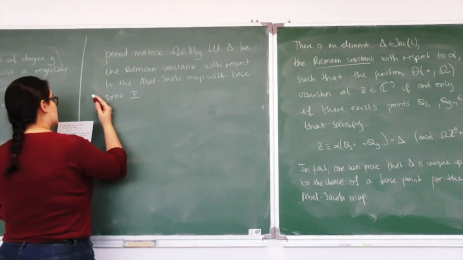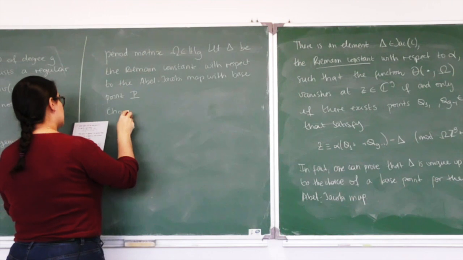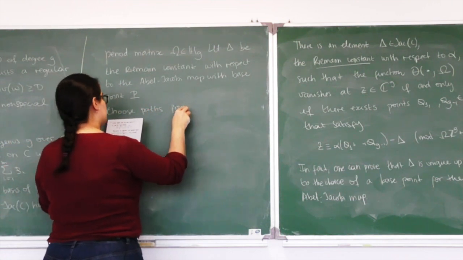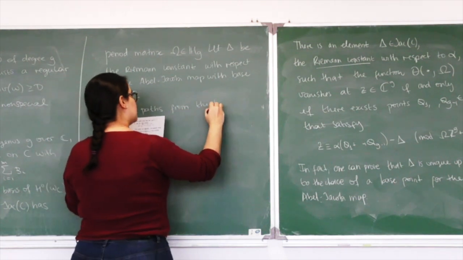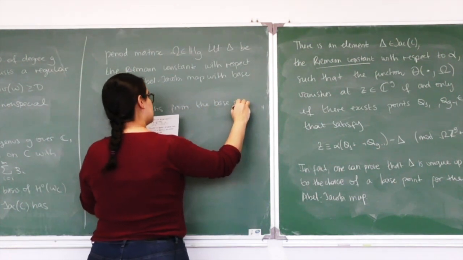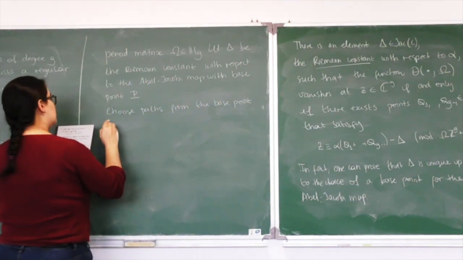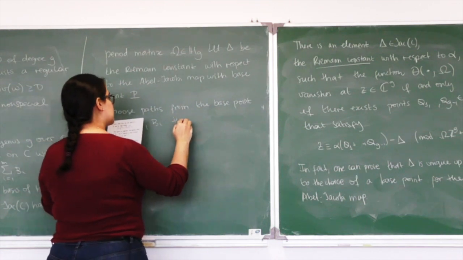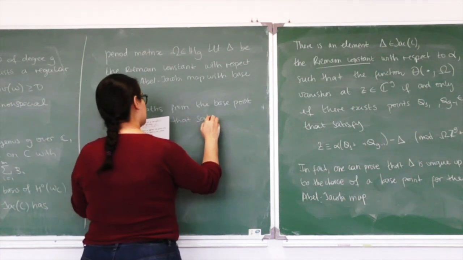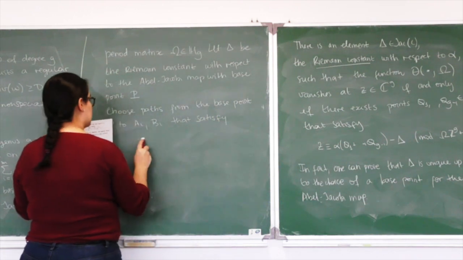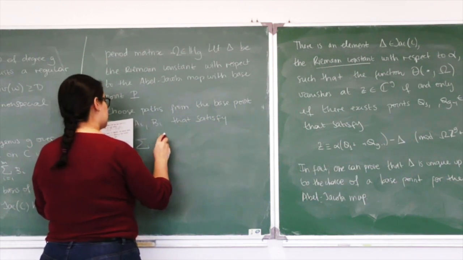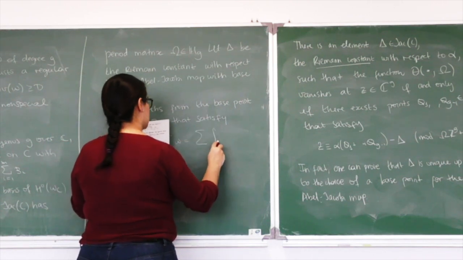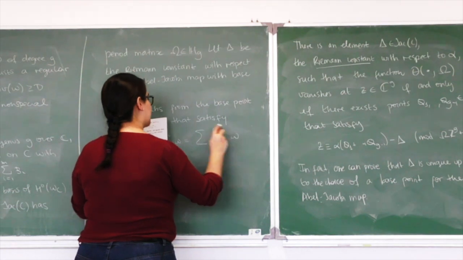So next we have to choose paths from the base point P to A_i, B_i that satisfy that the sum for the integral from P to A_i of omega is equal to the sum of the integral from P to B_i of omega.